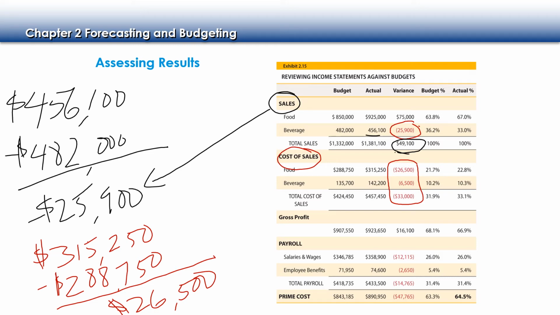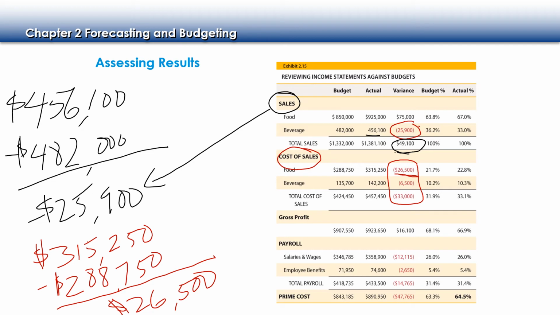We went over budget. And so that is why this 26,500 is in red and in parentheses, because that is an unfavorable number when it comes to variance.